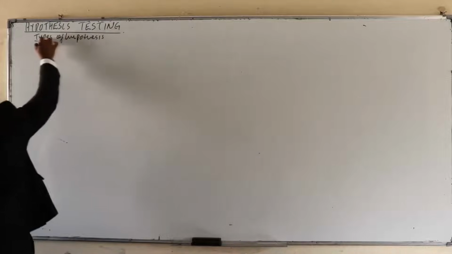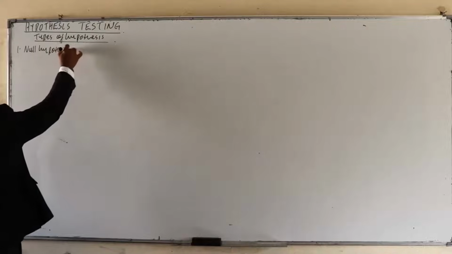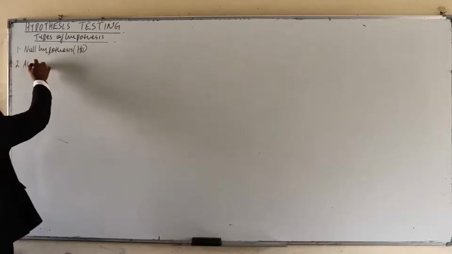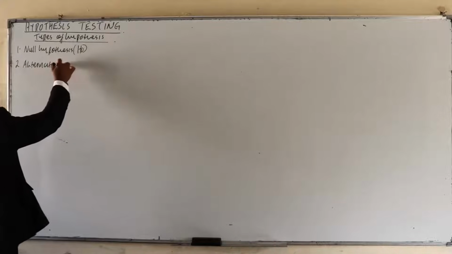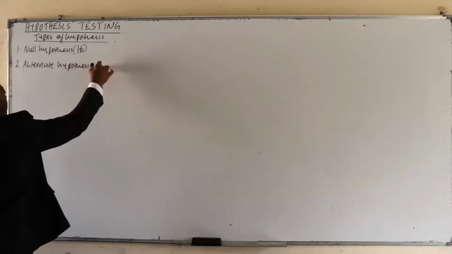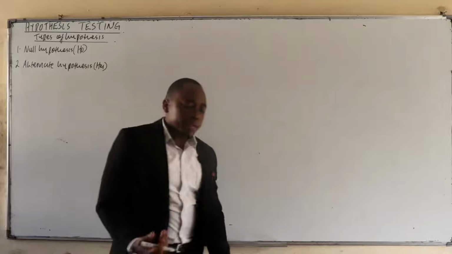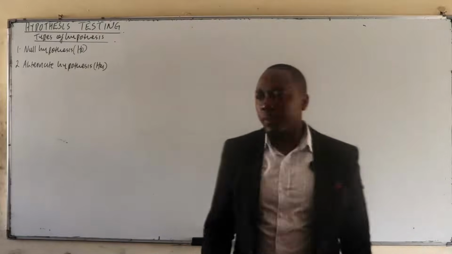So let me first of all explain, don't write. Number one, we have what you call the null hypothesis, denoted by H0. And number two, we have what you call the alternate hypothesis. Now, hypothesis testing is all about confirming whether the pre-existing opinion is true or false.